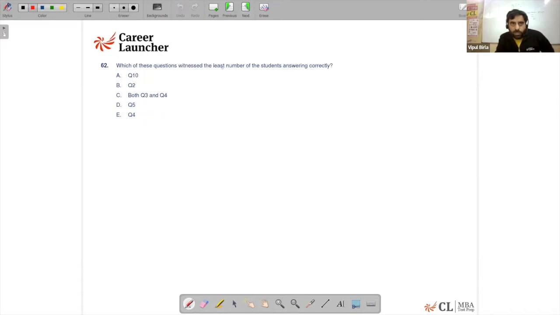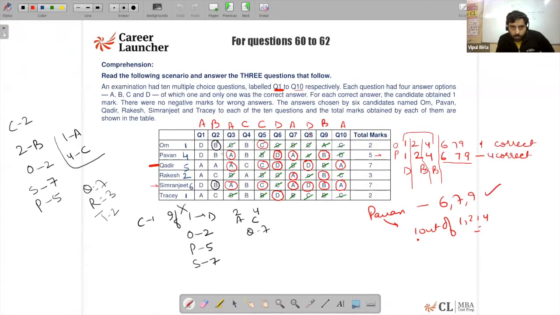Which of these questions witnessed the least number of students answering correctly? So 2, 3, 4, and 5. Least number correctly. So first, 3 people have done it. Second, 3 people have done it. Third, again 3 people have done it. Fourth, it's only C. So that's the least basically out of this.